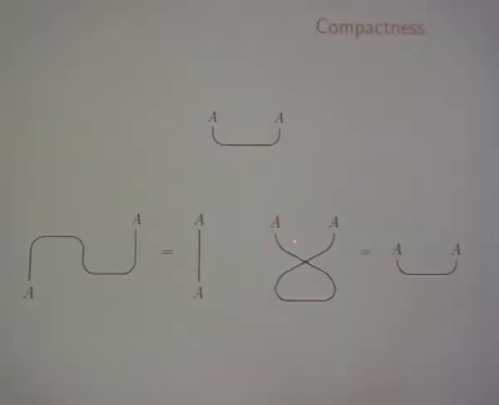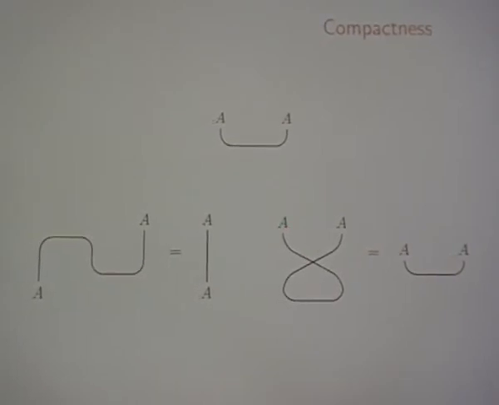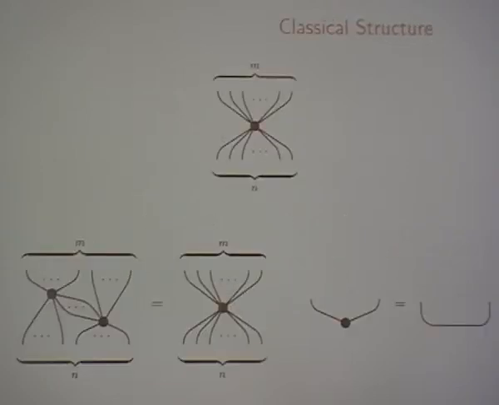And here, if you take this state and you apply the symmetry, it's the same as before. So it means that this is a symmetric entangled state in the interpretation. So somehow here you can recognize the teleportation. I will talk about the teleportation later on in more detail. So this was the compact structure.